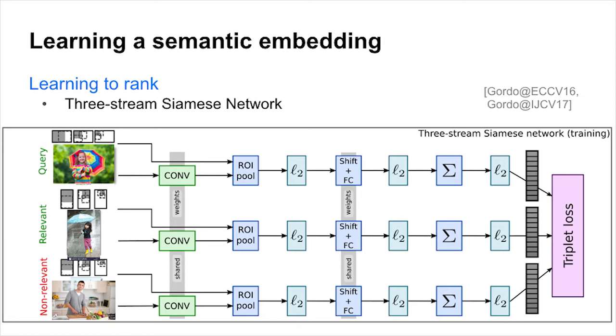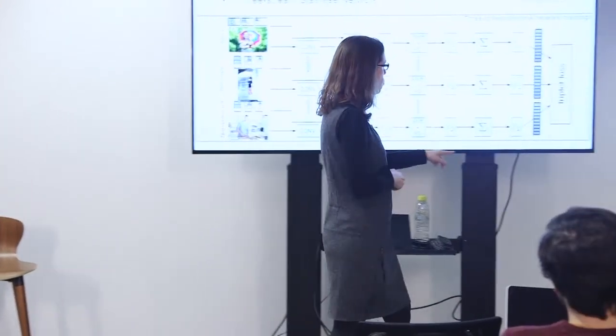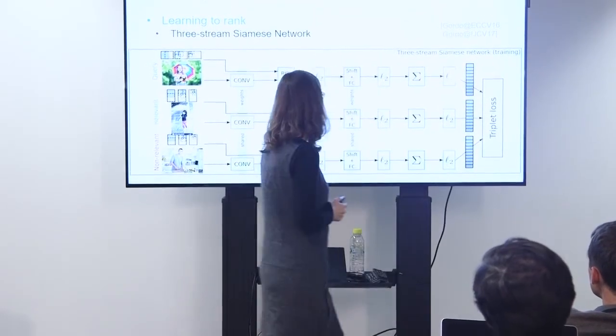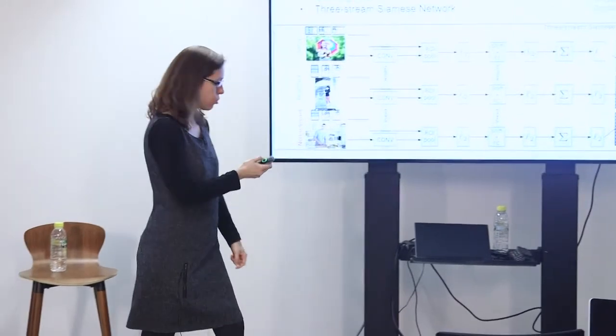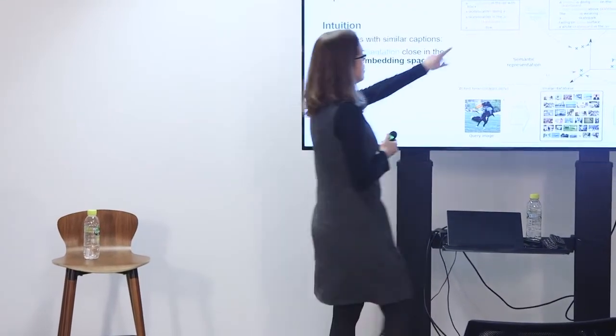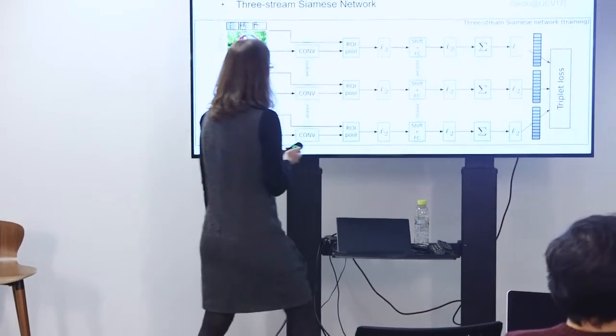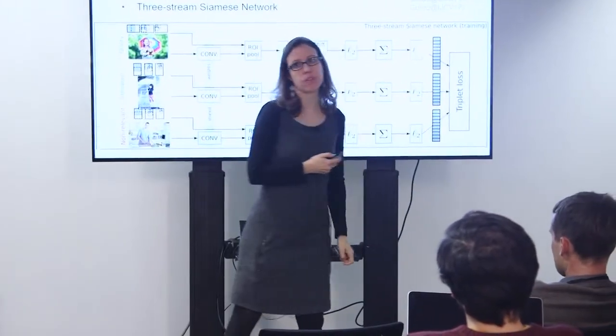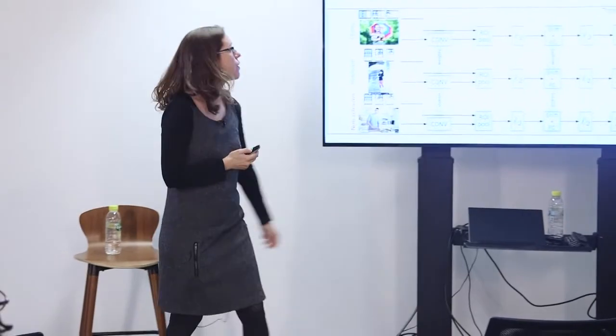We have this representation, again the RMAC, that is producing one global representation. And then we're going to look at this representation in a loss. So the phi function defined here is actually this process to go from one image to the global representation. And that's what we're going to learn.